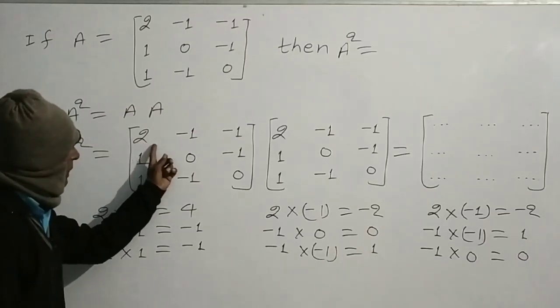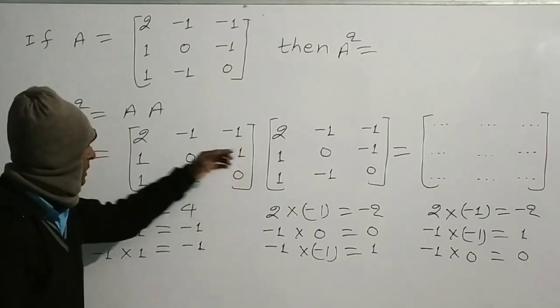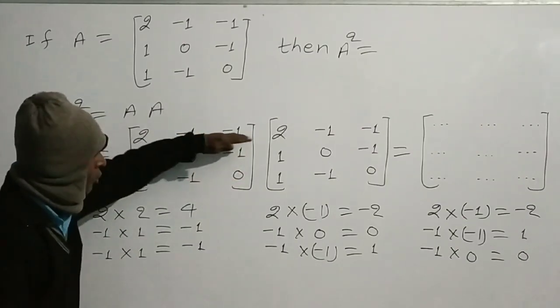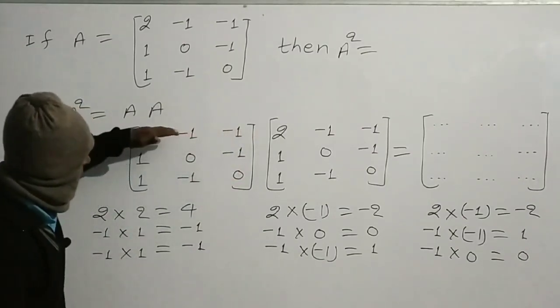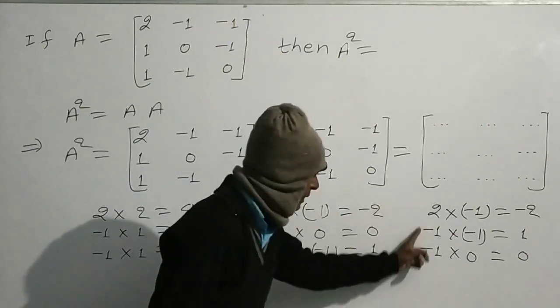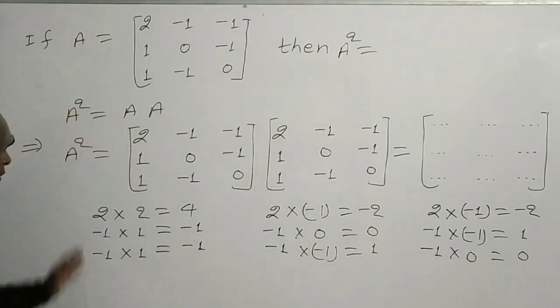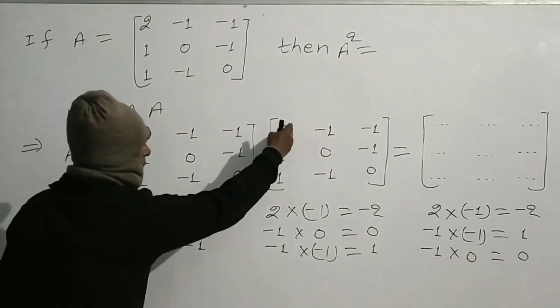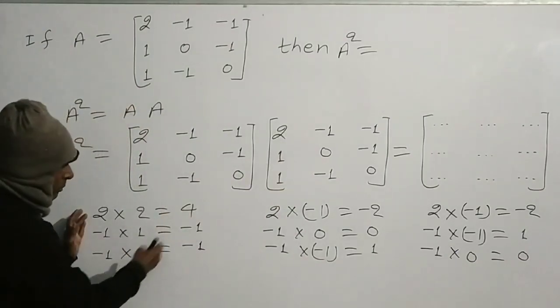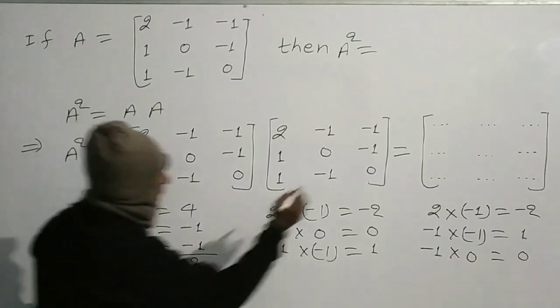Write elements of the first row of the first matrix here, here and here: 2, minus 1, minus 1. Now multiply this with elements of the first column, add these three products and write here.